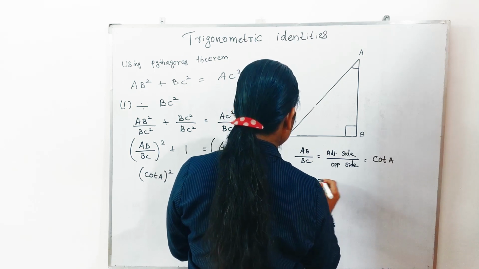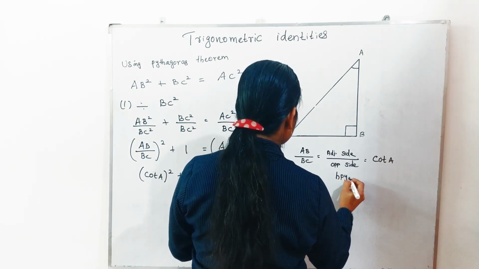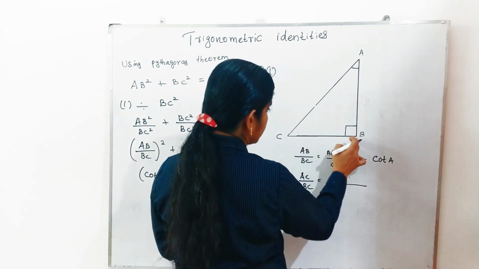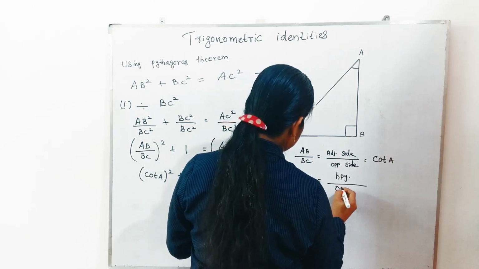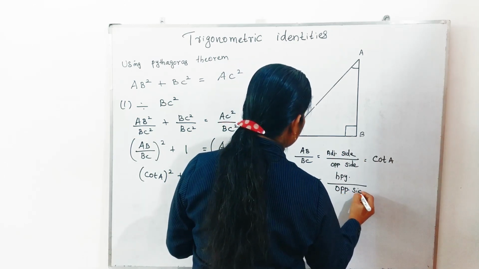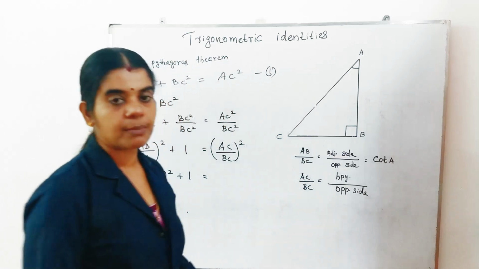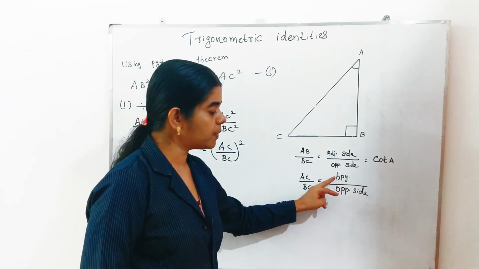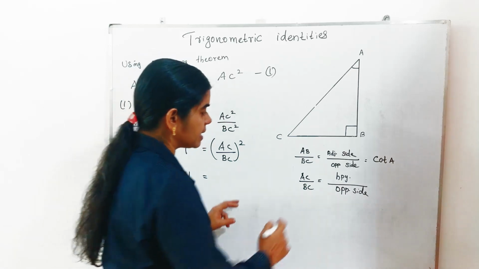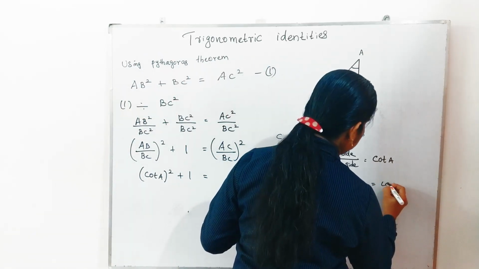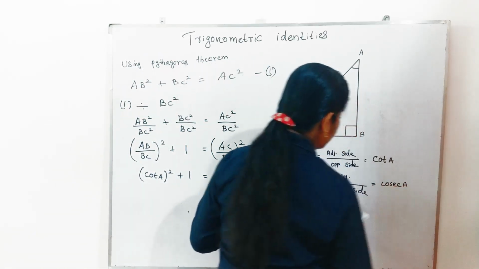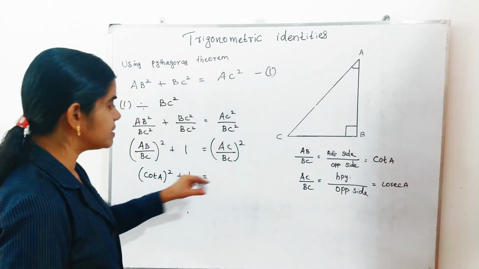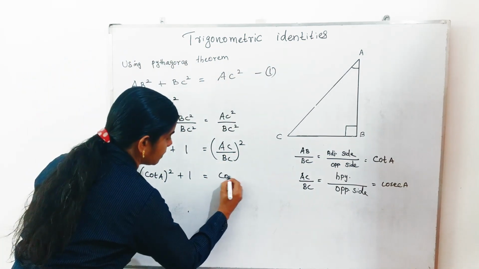AC by BC means hypotenuse divided by opposite side. You already know that opposite side divided by hypotenuse is equal to sin A. Its reciprocal, hypotenuse divided by opposite side, will be cosec A. Then AC by BC means cosec A whole square.